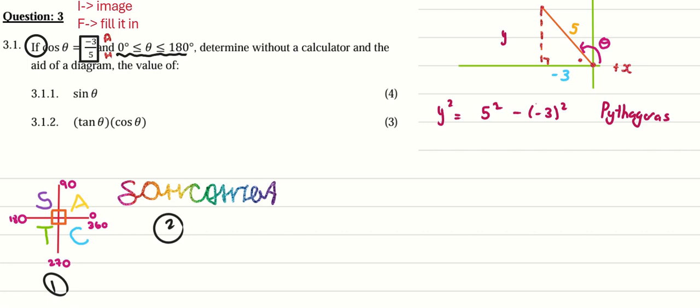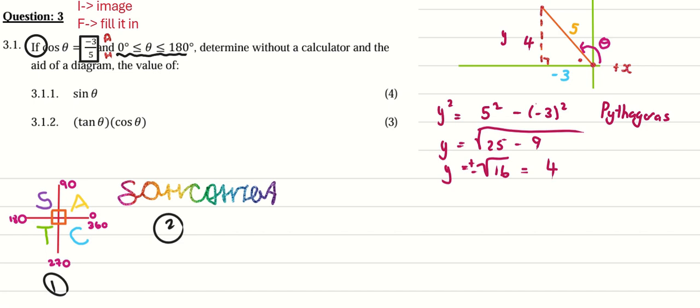And then we go, y is going to be the square root of the difference of these two values, which is going to be the square root of 16, right? Plus minus, but we can see that this is on the positive y-axis, so y will just be equal to 4, right? Now this triangle is completely filled in, and now we can answer any questions relating to this figure.